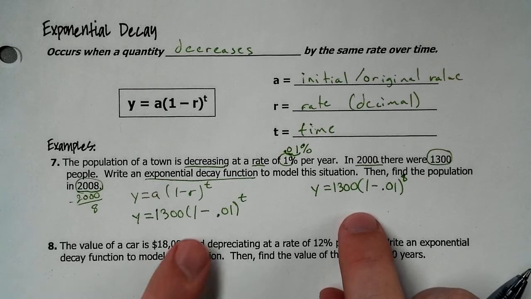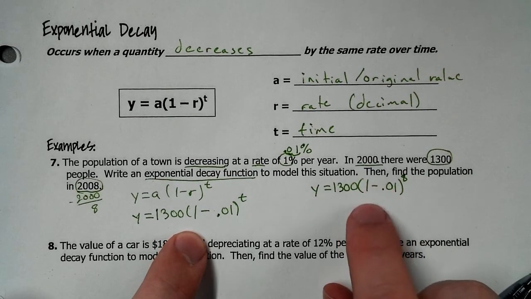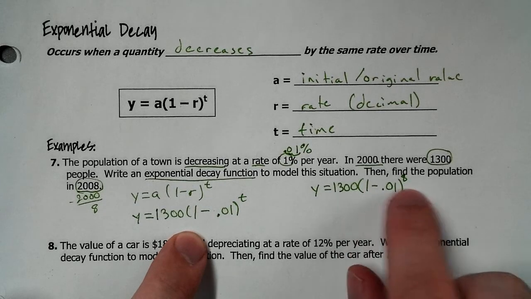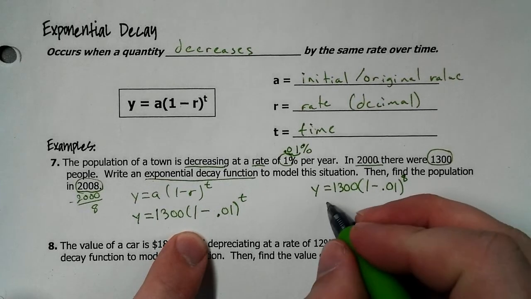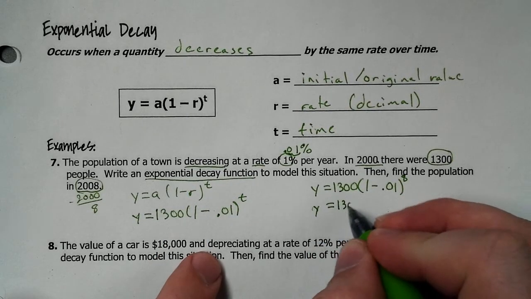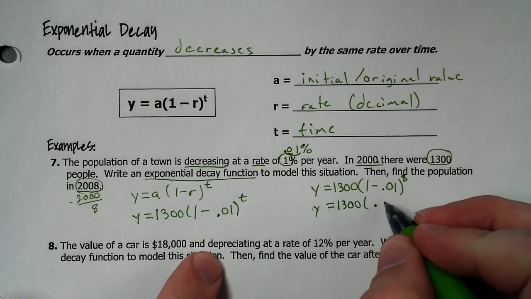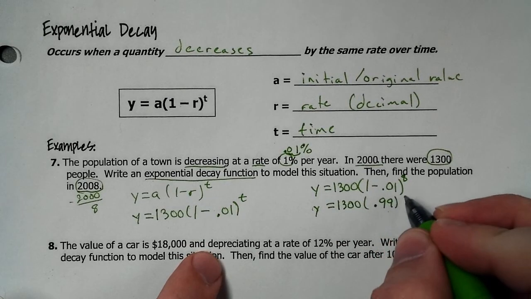And from here, just like yesterday, you can graph it and then you can find your answer, or you can just plug it in. Now when you plug it in, we can combine those middle terms in the parentheses, so we get Y equals 1,300 times 1 minus 0.01, which would be 0.99, and raise that to the 8th.